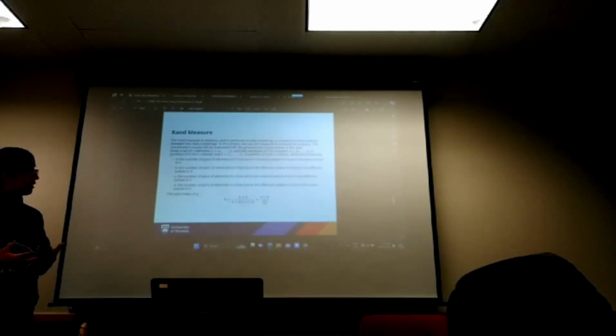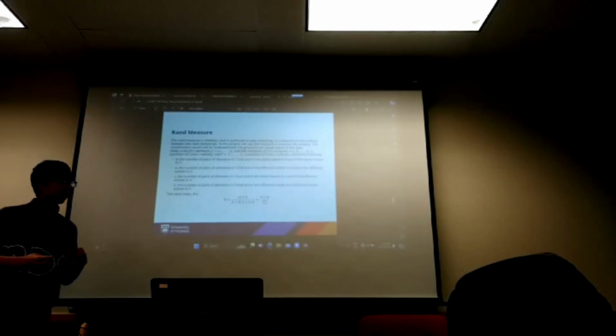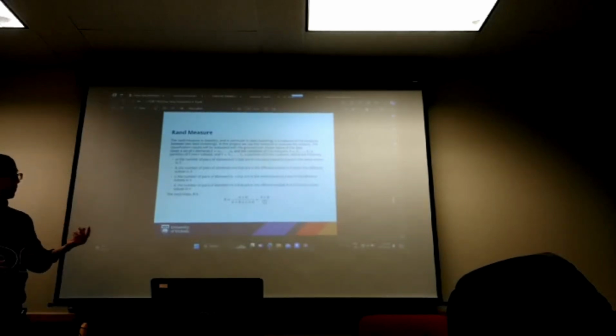In supervised learning, when we want to evaluate the result of supervised learning, we always calculate the accuracy. Like we pick one data point, and compare the predicted label with the true label.